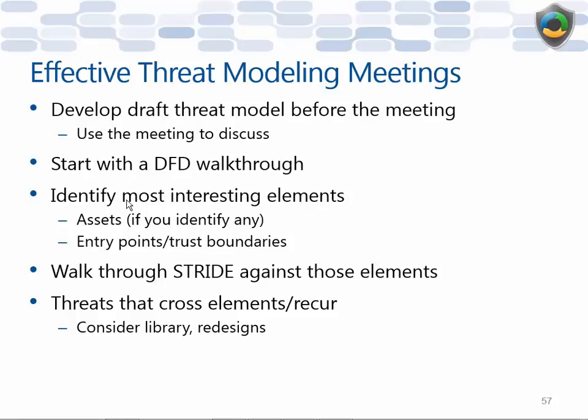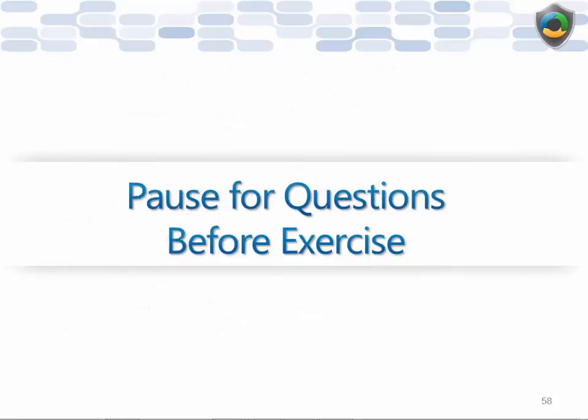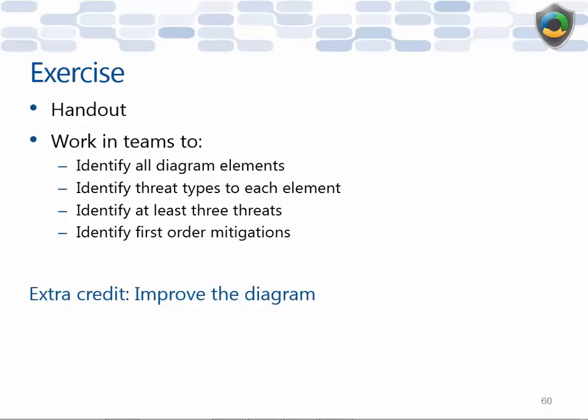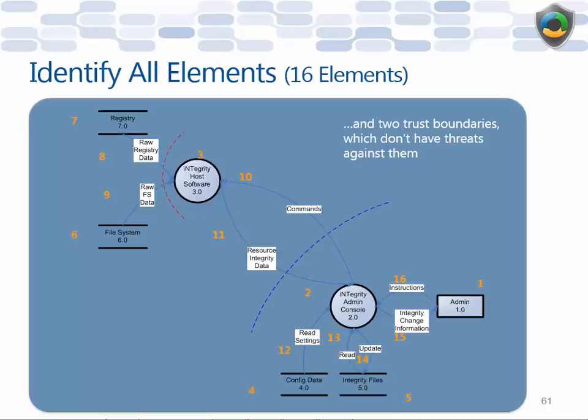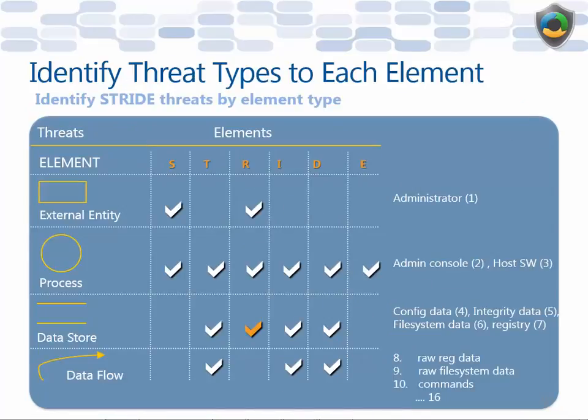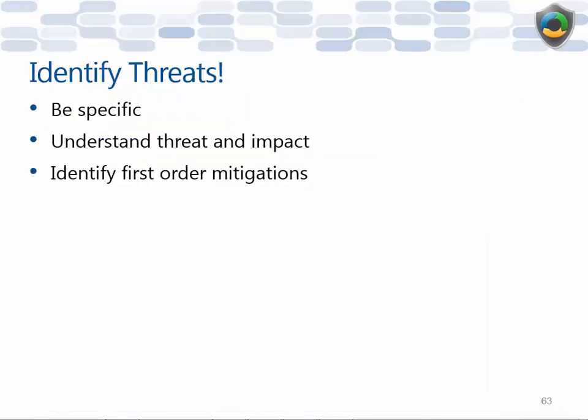You also want to go through your different entry points and trust boundaries, and use the STRIDE mechanism against those. And you want to work accordingly. What they asked you to do in this exercise, and I don't have a copy of it, was to number all the different flows, then add the trust boundaries and match the STRIDE to each one.